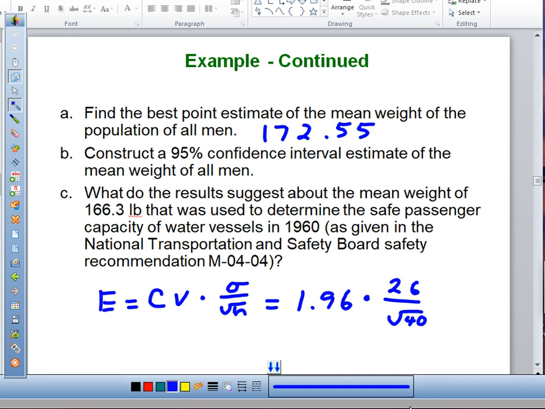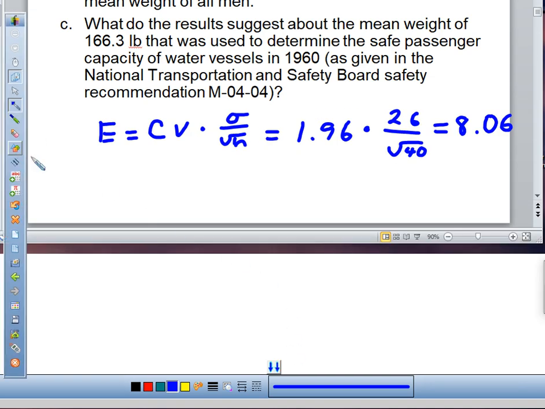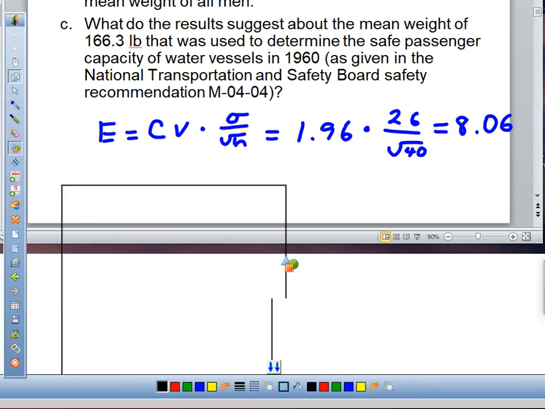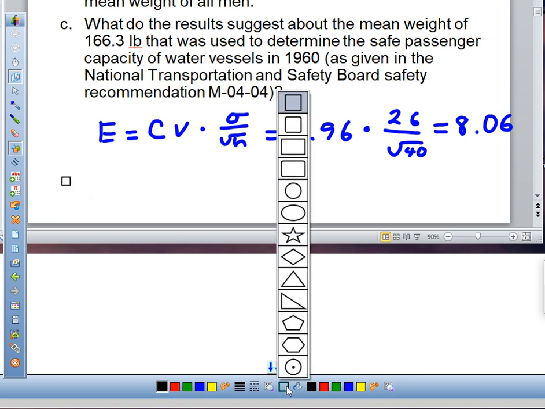Okay, so when you calculate all that out, you should end up with 8.057, 8.06. All right, so then we're going to take a look at, oh, this didn't, oh, because I haven't set it up yet, darn it.